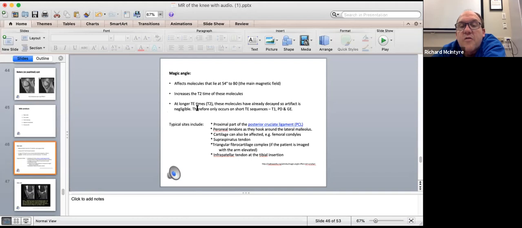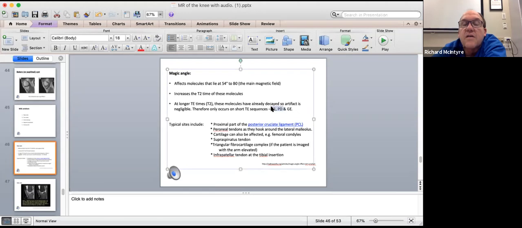Therefore we only see this magic angle effect on short TE sequences, on T1 and proton density imaging. We don't see it on T2 imaging because these structures have already dephased.